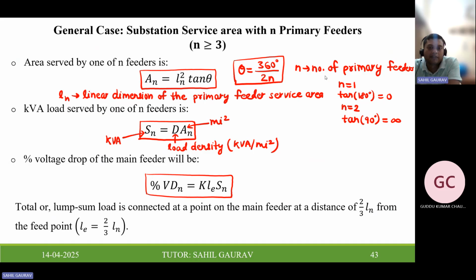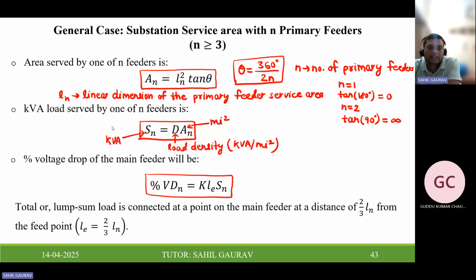Here n is the number of primary feeders, and you can see that if you have fewer than 3 primary feeders, then it is not defined, because if you take n equal to 1, then this tan 180 comes out as 0, while if you take n equal to 2, this tan 90 comes at infinity.